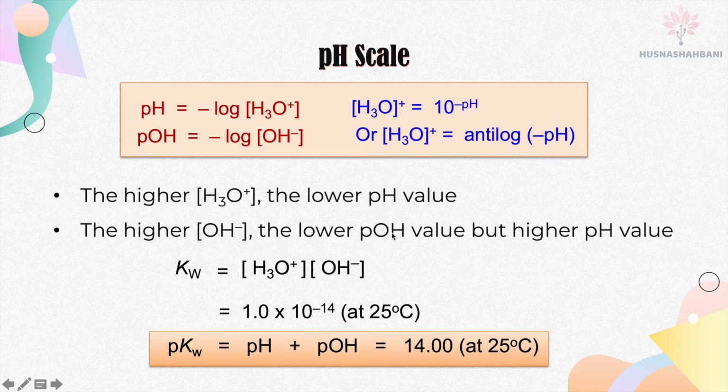We know that pKw equals pH plus pOH equals 14. How do we get 14? Kw is equal to the concentration of H3O+ times the concentration of OH-, and Kw has a fixed value. So when we have Kw, we get the value of pKw equal to 14. So pH plus pOH is equal to 14.